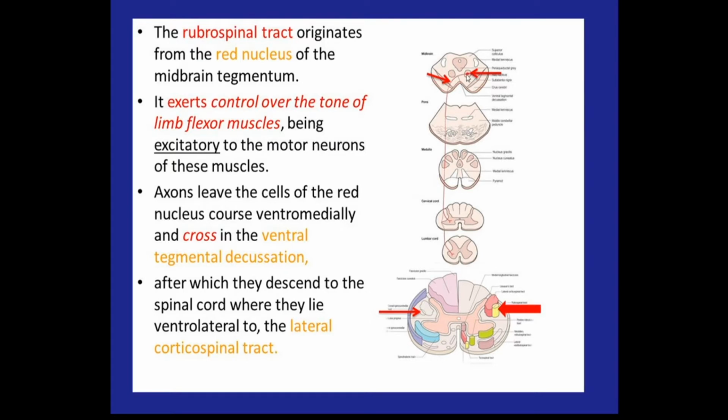And this tract decussates the midline again and goes down in the lateral funiculus up to the anterior horns, and then with anterior roots exit the spinal cord and goes to the muscles for regulation of their tone and coordination of movements.